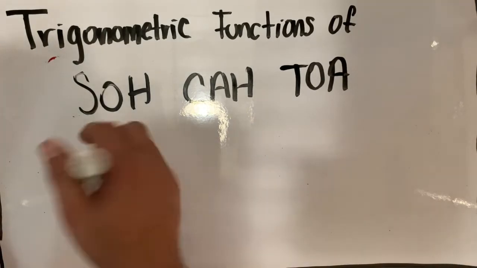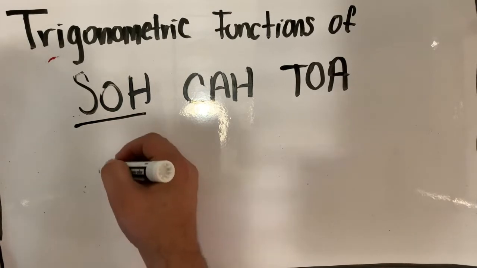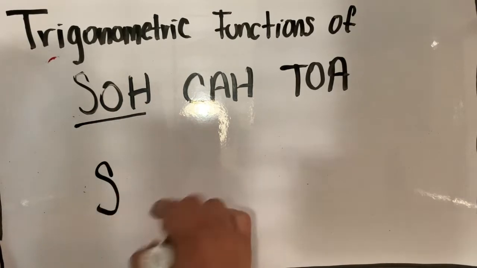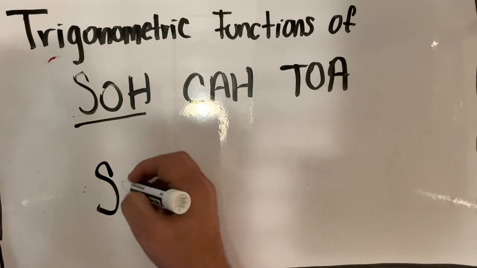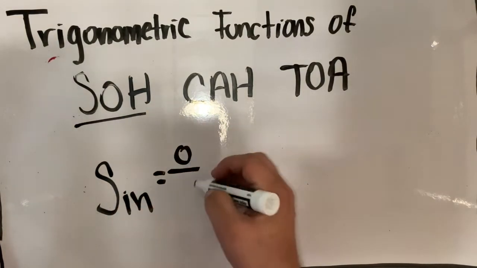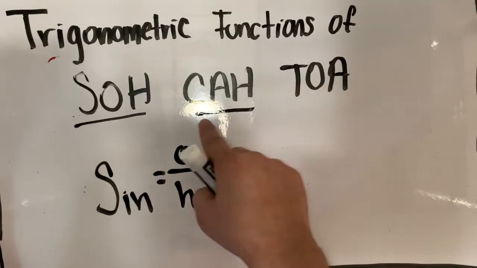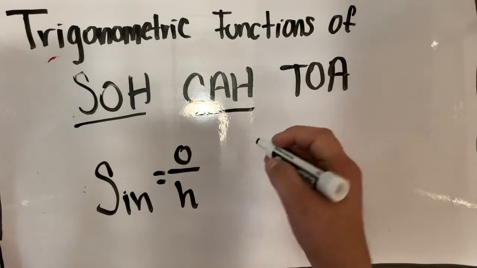Why? Let's start with this one. So is SOH. S for the function of sine. The sine is equal to opposite over h, that h is hypotenuse. The next one is going to be CAH.